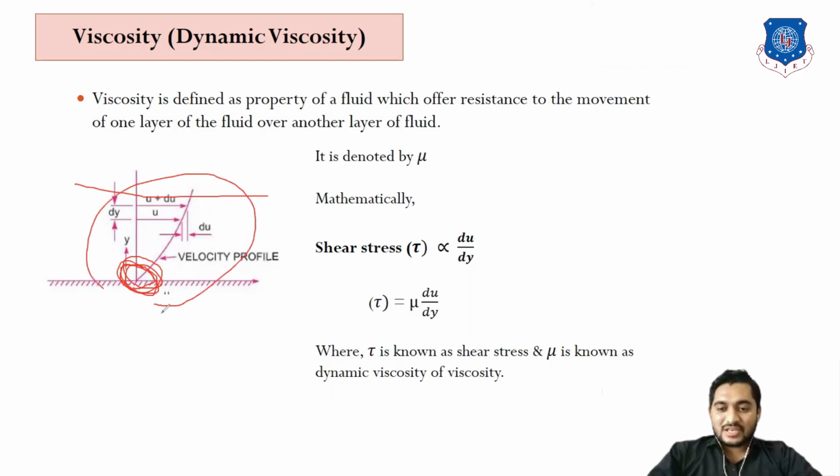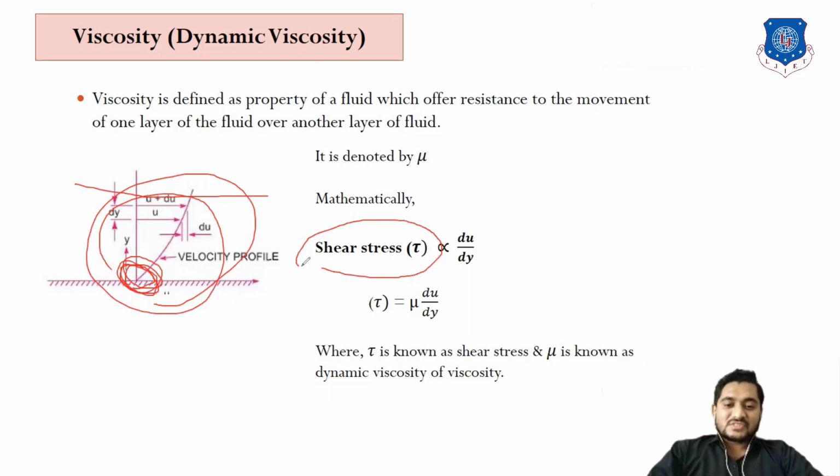That is known as the velocity gradient diagram. Shear stress is directly proportional to the rate of shear strain. Here du by dy is known as the rate of shear strain. So let us remove the proportionality sign here. So tau is equal to mu du by dy.